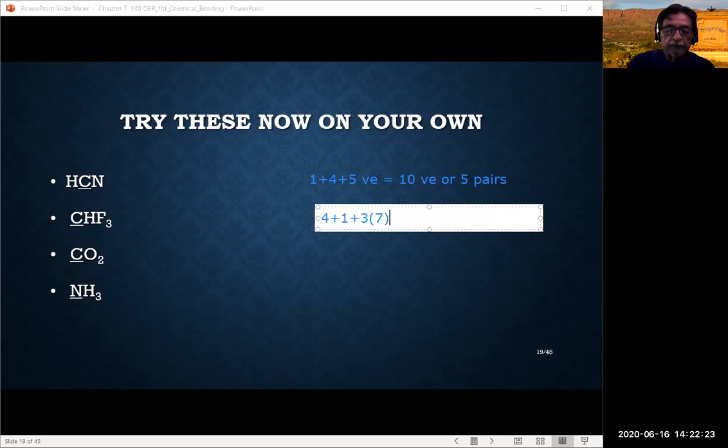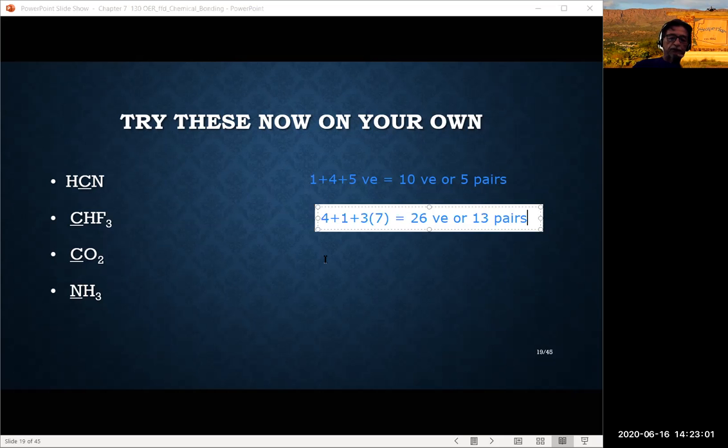And so that comes up to 3 times 7 is 21, plus 1, 22, and then the 4. Check my math, I got 26 valence electrons. Does that sound correct? What's half of that? 13 pairs. Everybody see that so far?